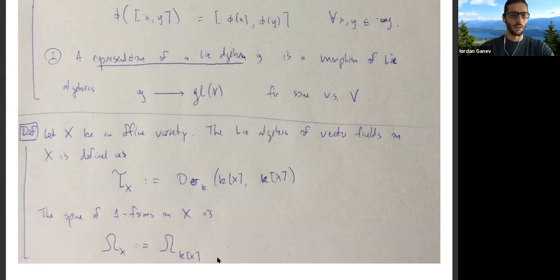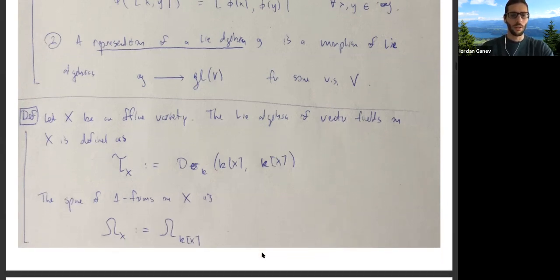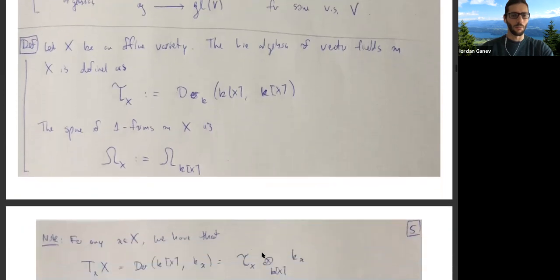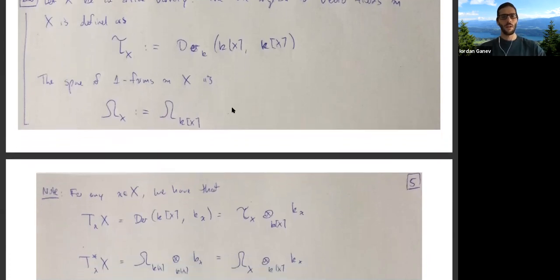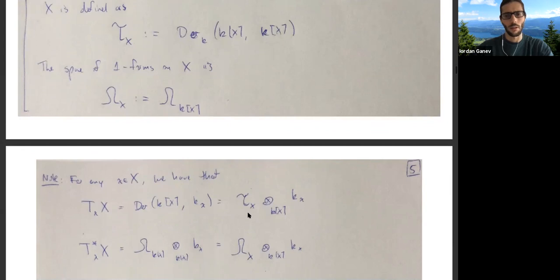And the space of one forms is just the Kähler differentials of the affine algebra. So these relate. If we have any point x in X, then the tangent space would just be the tensor product of derivations with the one-dimensional module at x over the affine algebra.